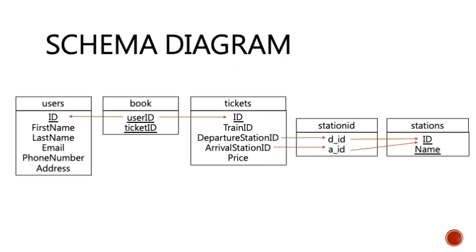The first table and the second table, which are users and book, we have ID in the users table, linking it to user ID in book, and from the book to the tickets table, we're linking it using user ID to the ID, and from the tickets to the station ID, we're linking it from the departure station ID to the DID, and from the arrival station ID to AID, and from the station ID, we're linking it to the stations using both the ID and AID to ID in the stations table.